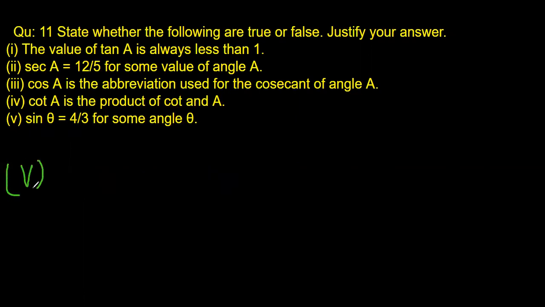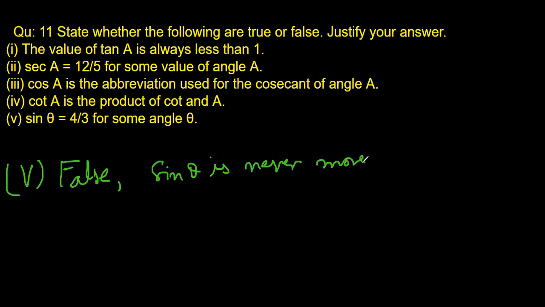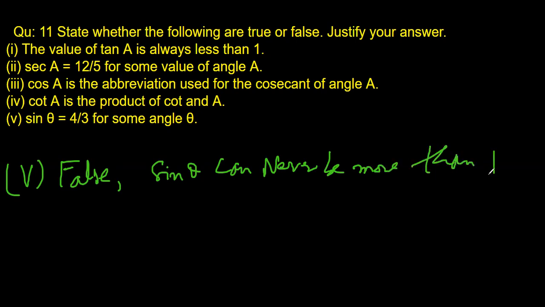So for this one, we will first write false and then give the reason. The reason is: sine theta can never be more than 1. Why are we saying sine theta can never be more than 1?